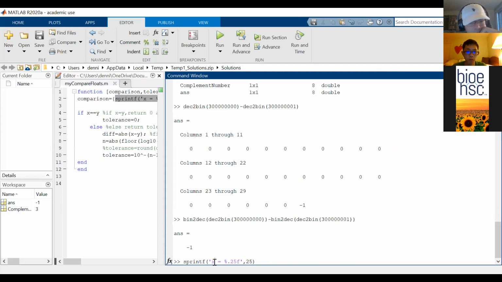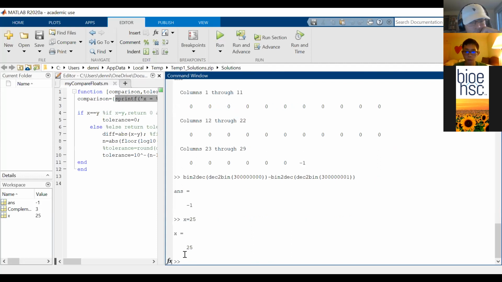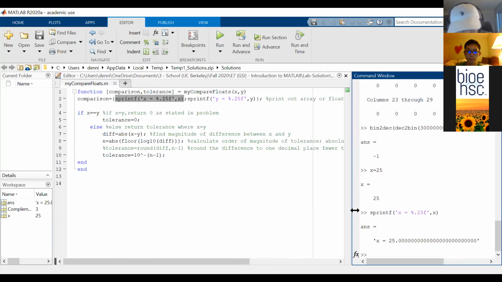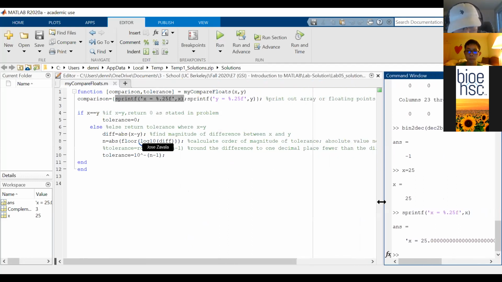X equals 25, and then we'll do this. So yeah, so the format here is okay.